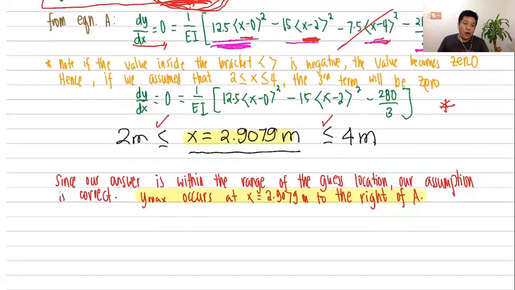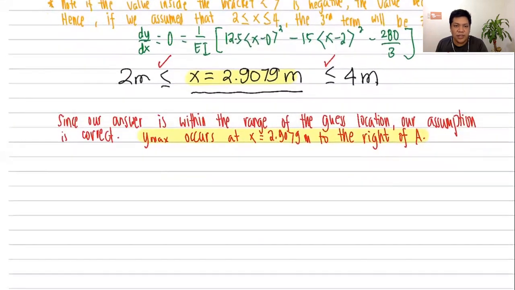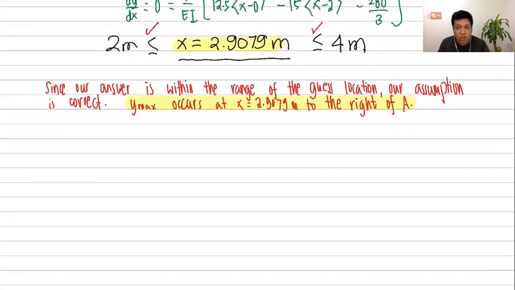Therefore, since our answer is within the range of our initial guess, our initial assumption is correct. Therefore, y max occurs at x equals 2.9079 meters to the right of point A.